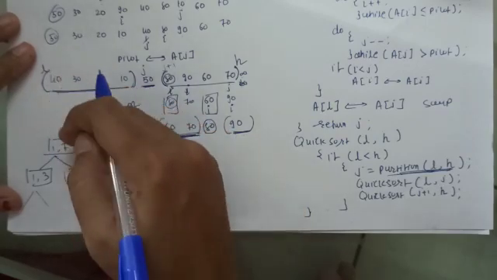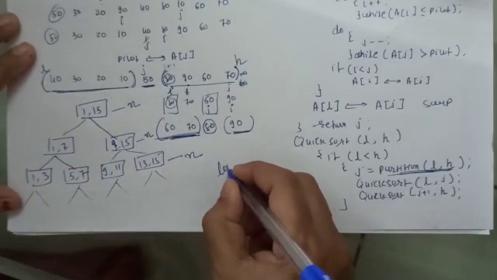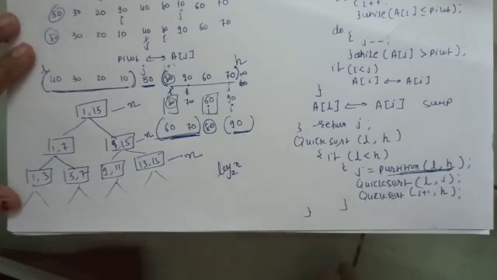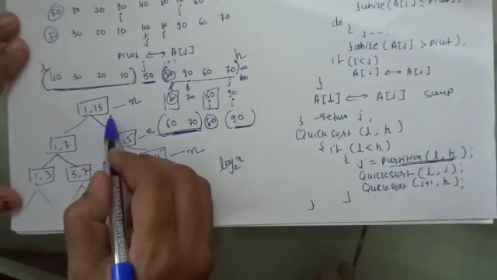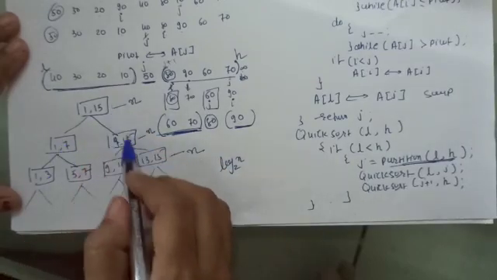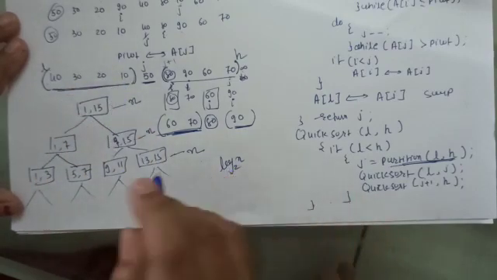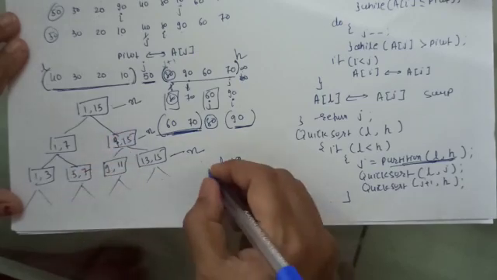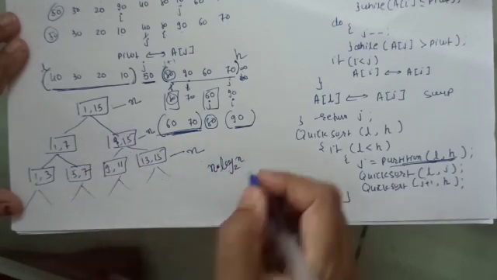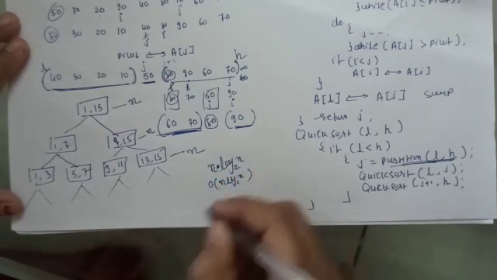And the height of this tree is nothing but log n, because I have assumed that my partition would be done at the middle only. So at every level, the complexity is n and the height of this tree is log n. So the best case complexity of quick sort is n multiplied by log n, order of n log n.